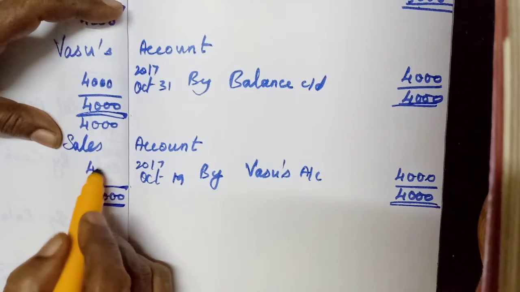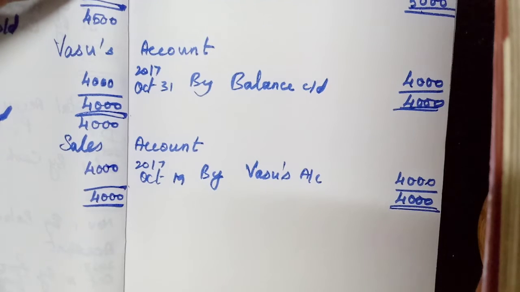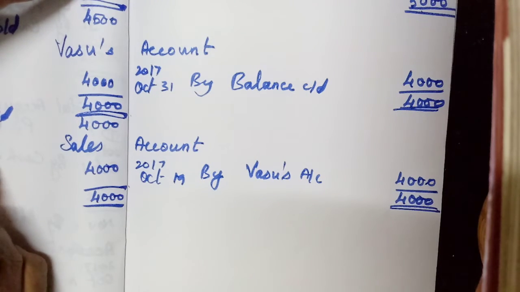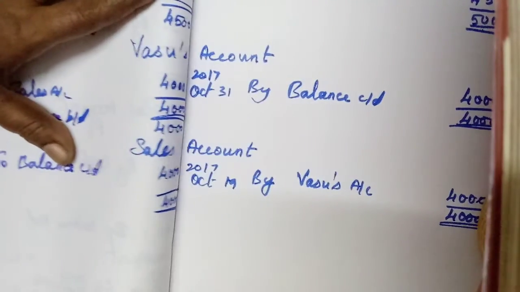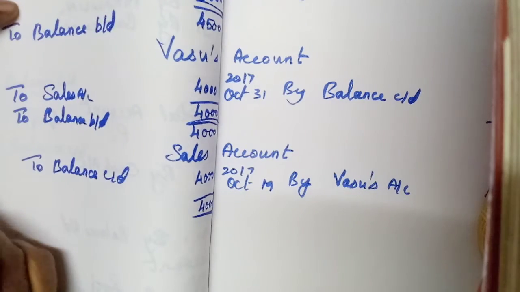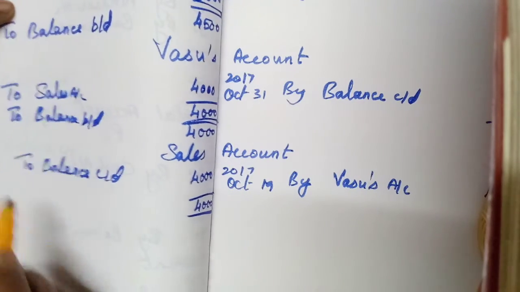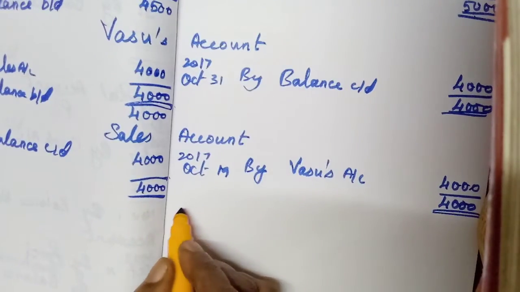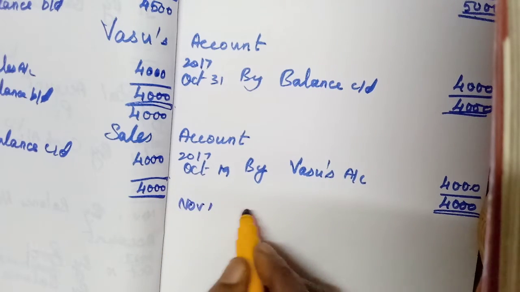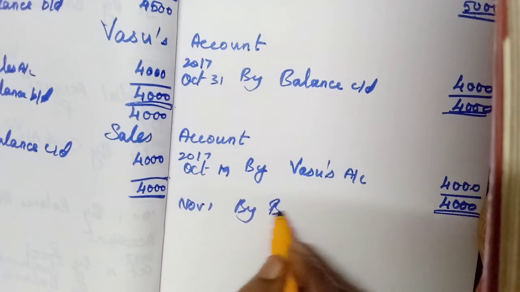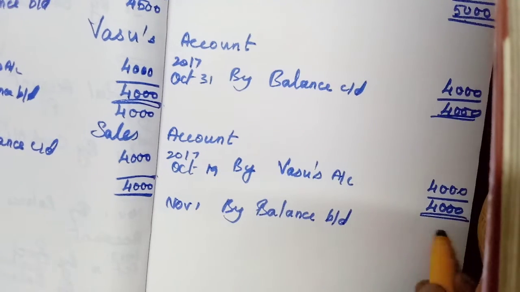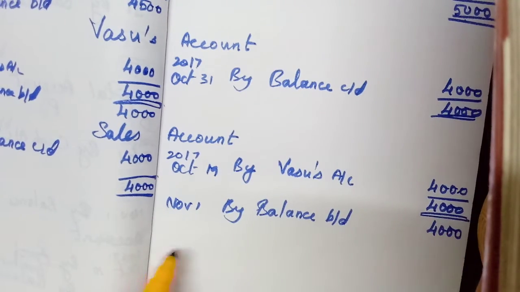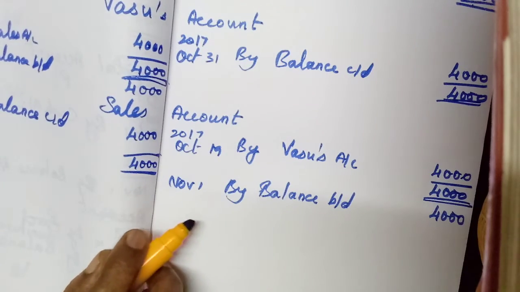So here 4,000, what is it? To balance carry down. Date 2017 October 31. Okay, then opening balance November 1 by balance brought down 4,000. Okay, now sales account is over.